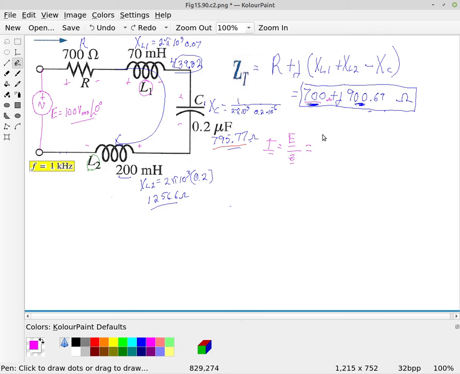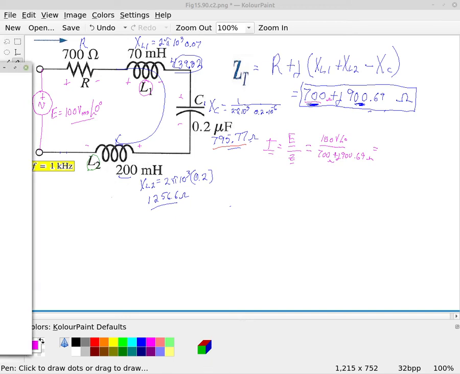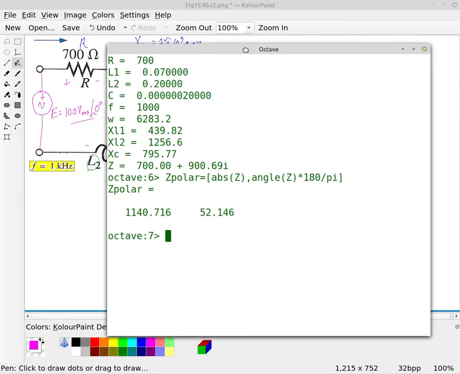And so we would take our 100 volts, angle 0, and divide by the 700 plus j900 ohms. And so we could flip over to our Octave and calculate that.